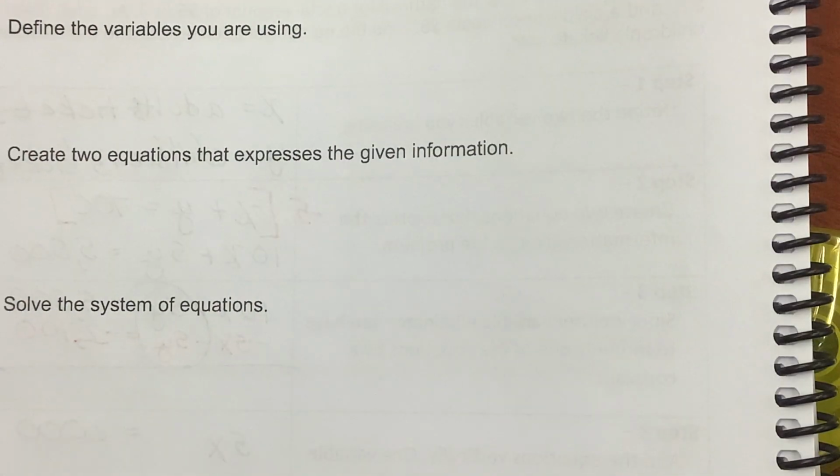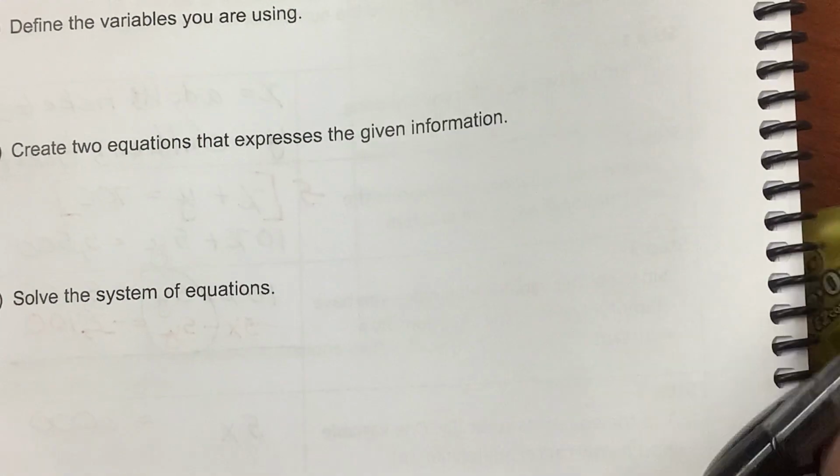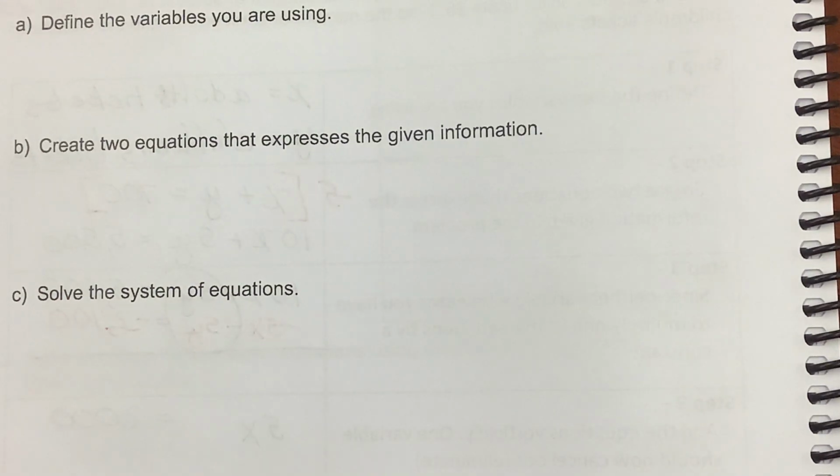Example 2. A bank teller is counting $20 bills and $10 bills. There are 16 bills. That's a total of $200. Write and solve a system of equations to find the number x of $20 bills and the number y of $10 bills.